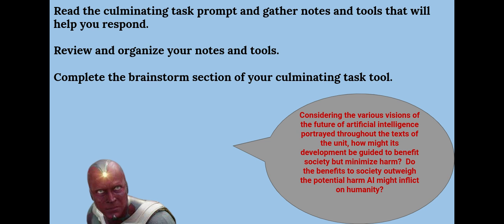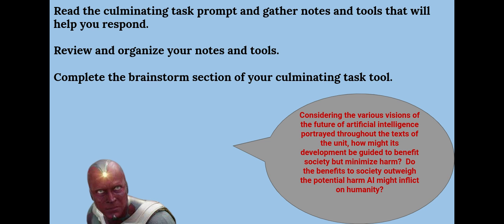You're going to complete the brainstorm section of your culminating task tool. The brainstorm section is found on page 6, also known as page 8, and page 7, also known as page 9 of your handouts.